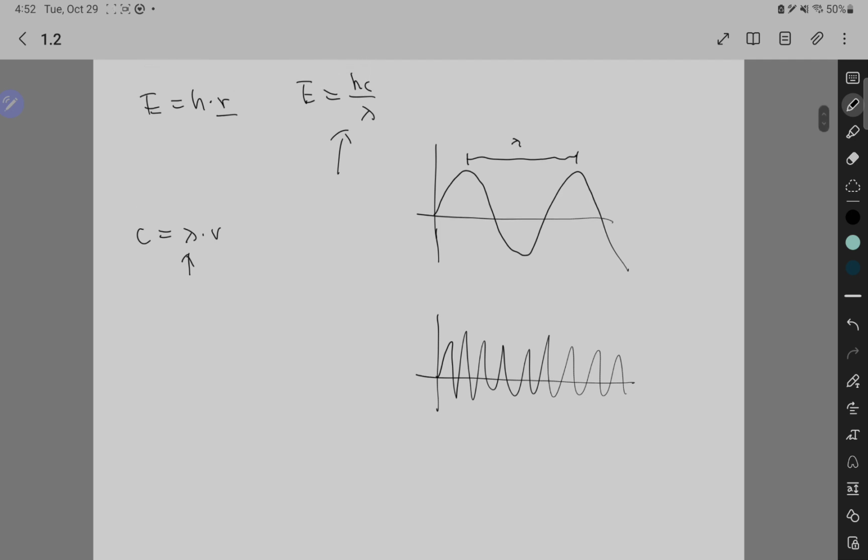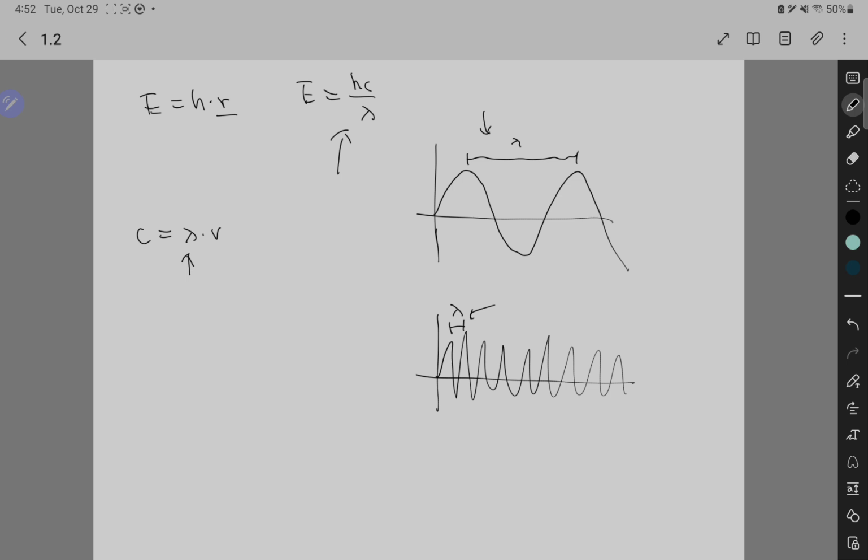Below, we have lambda as the wavelength, or the distance between two peaks. As you can see here, when we have a bigger lambda, or a longer wavelength, the frequency is lower. And when we have a shorter wavelength, the frequency is much higher.